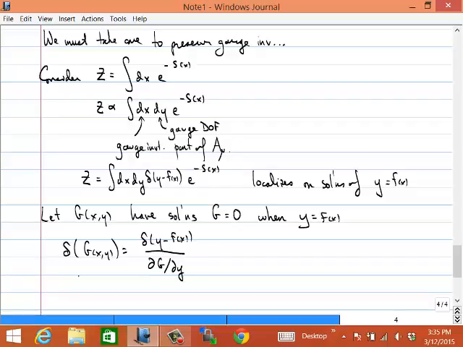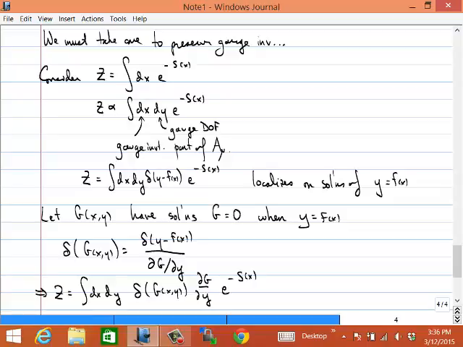So that means that Z is the integral dx times the integral dy of the delta function of g of x and y times this Jacobian dg by dy, times e to the minus S. That Jacobian is important because it is there to make sure that the answer that you get at the end of the day doesn't actually depend on your choice of that function g.